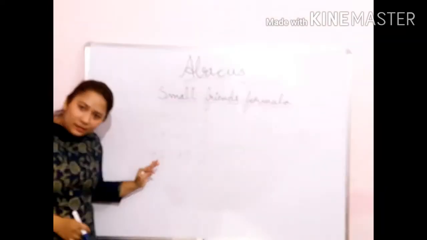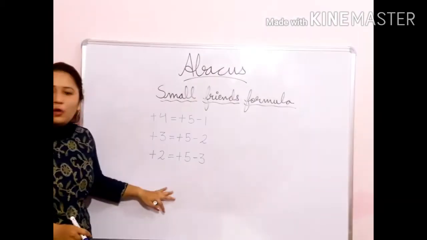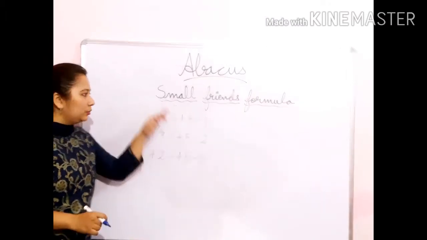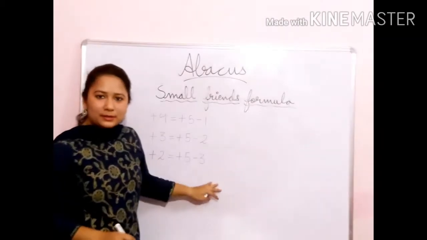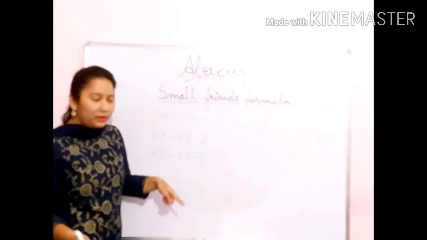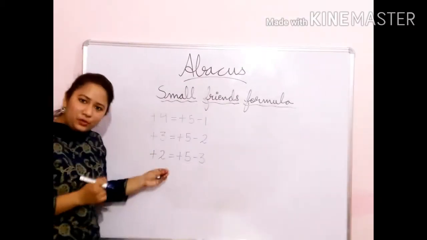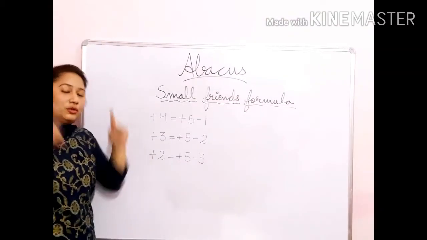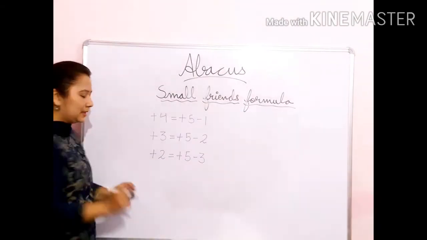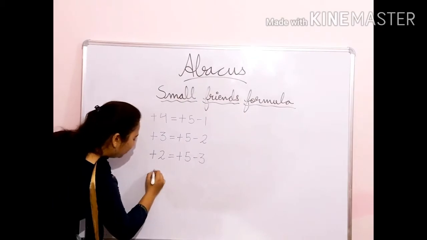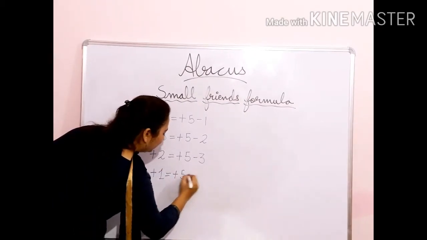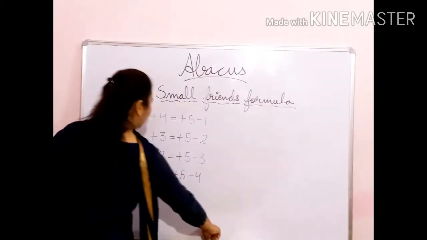Students, you will get it more when we will use these formulas in the sums. Till then, you have to write these formulas in your abacus fair notebook and please try to learn them. I will also tell you the easy way of learning them. Now, plus 1, plus 5, minus 4.